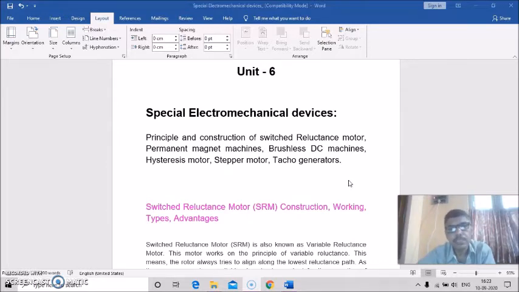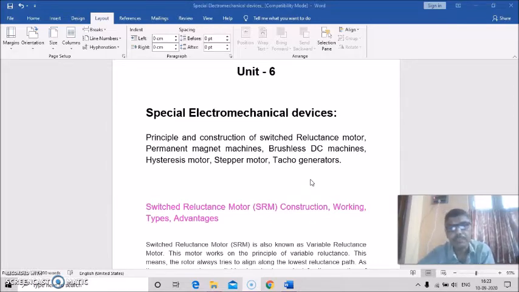This unit is actually a combination of all the different machines we have studied so far, used for special purposes. There are a lot of such special electromechanical devices, so we will discuss only a few of them.